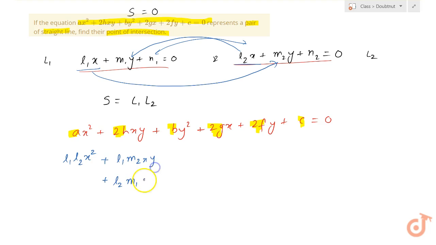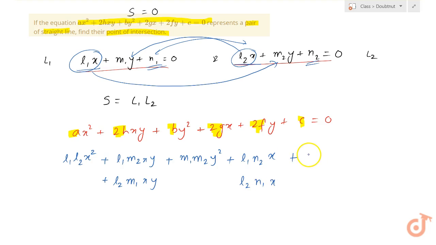Both of them will be with xy. How about y square? Only one possibility, which is M1 M2. When will x come? When the x term here and the x term here get multiplied with the constant term on either side. So one will be L1 N2 x and the other will be L2 N1 x.